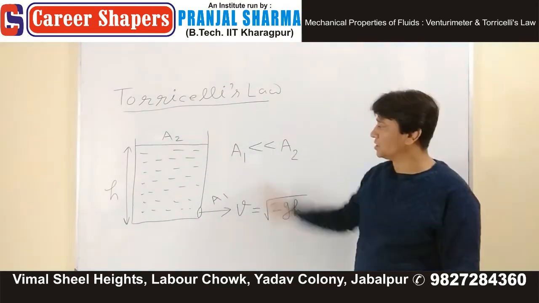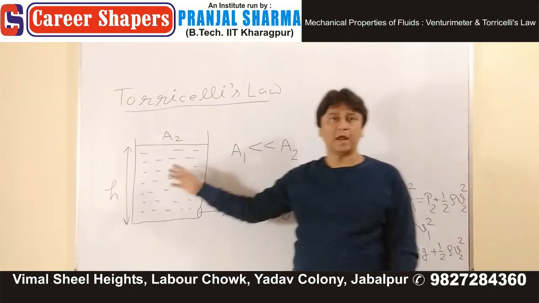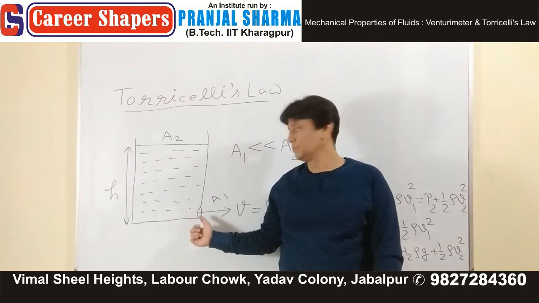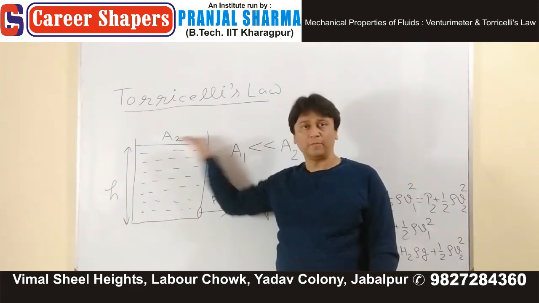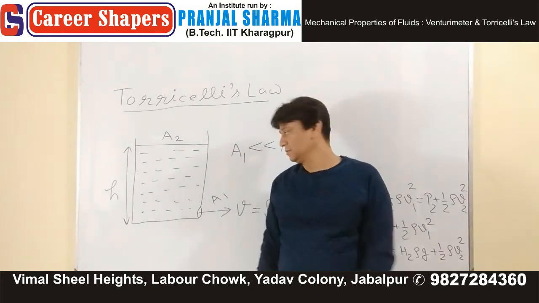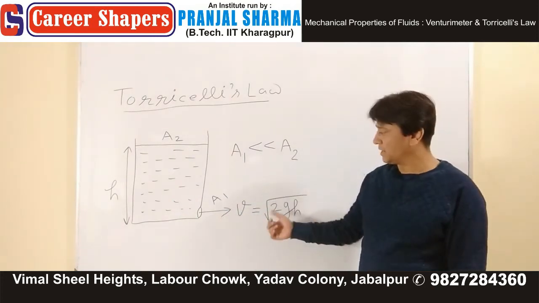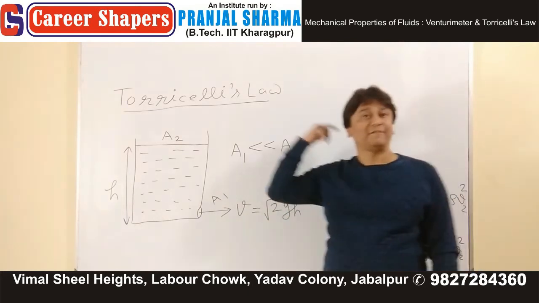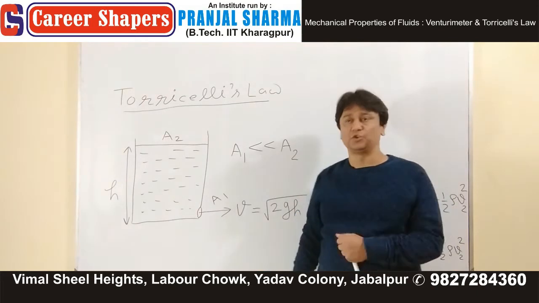What is Torricelli's law? If you have a tank in which you make a very tiny hole at a depth of h from the top free surface, then the speed of water when it comes out is the same as which it would have gained during free fall.